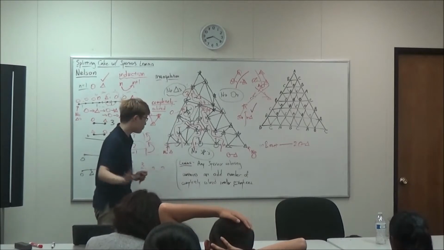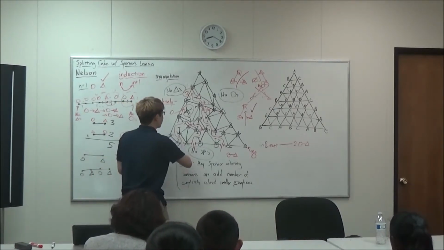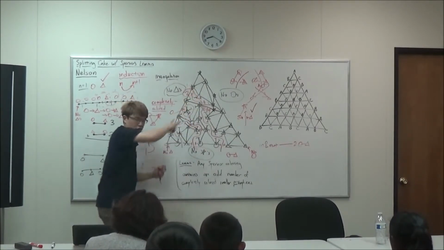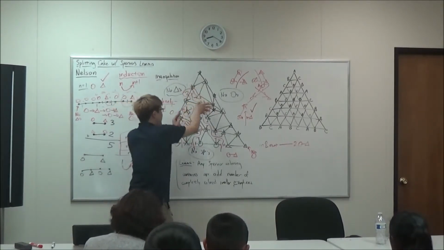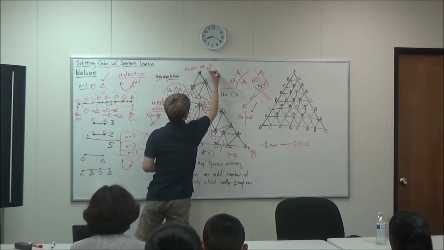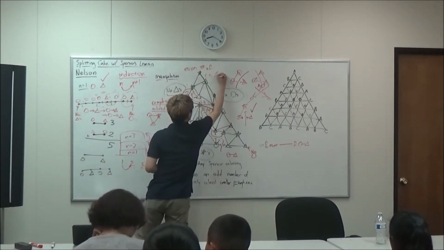So, in summary, each of the inner things is going to give you either 0 or 2 completely colored triangles. So all of the inner things are going to give you an even number of completely colored triangles, right?